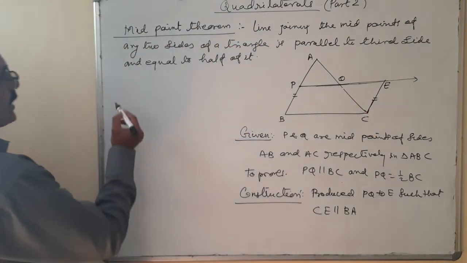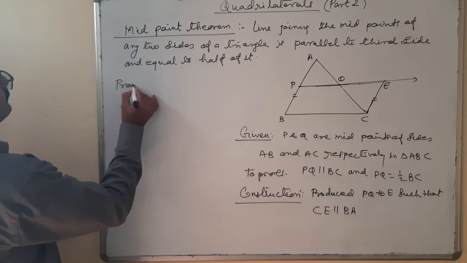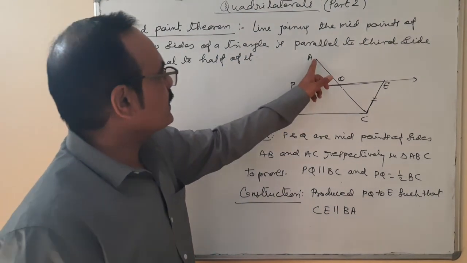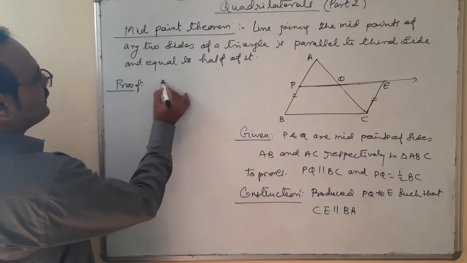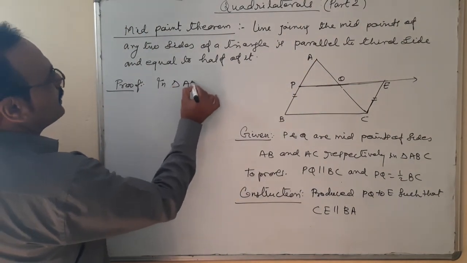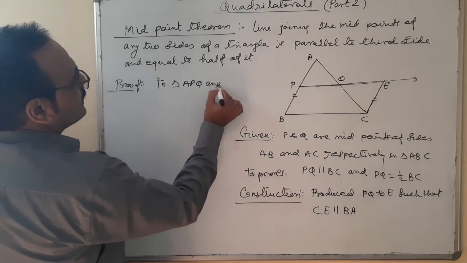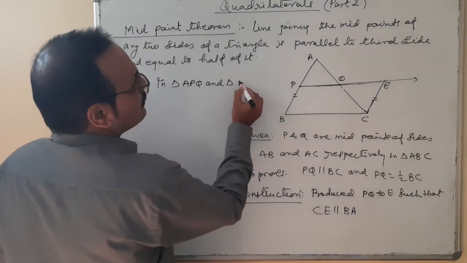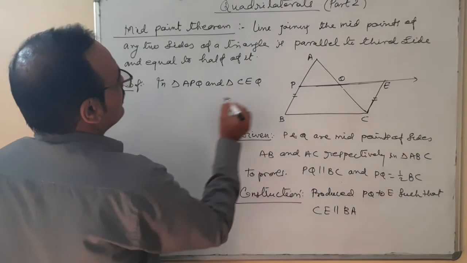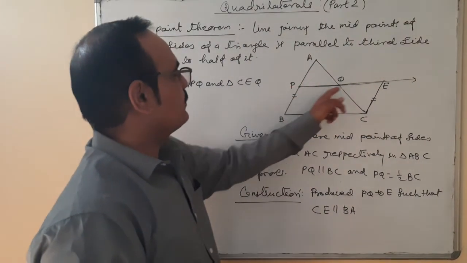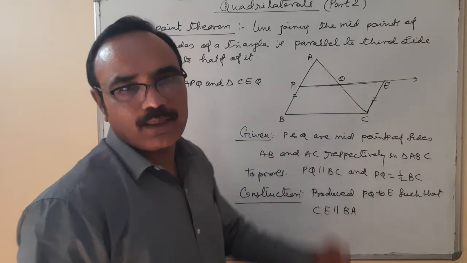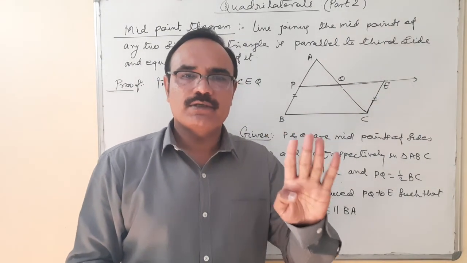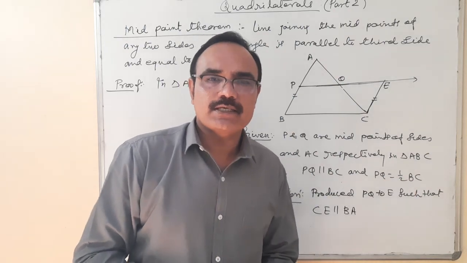So start the proof. Two triangles. First of all, triangle APQ and triangle CEQ. I have taken these two triangles, APQ and second is CEQ, and trying to prove both the triangles are congruent. You know the four criteria: side angle side, angle side angle, RHS, side side side.